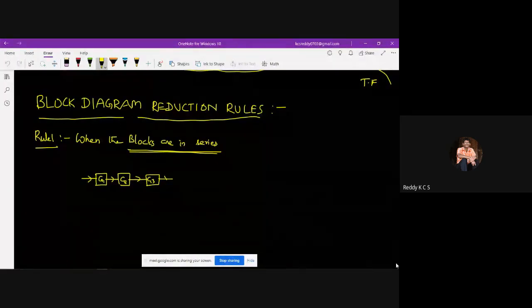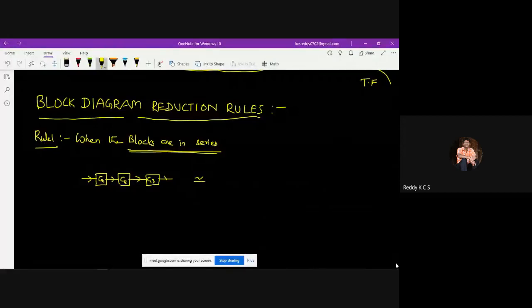When the blocks are in series, how do we find the equivalent transfer function, that is, convert this into a single block? Say for example, I take this as G1, this is G2, and this is G3.